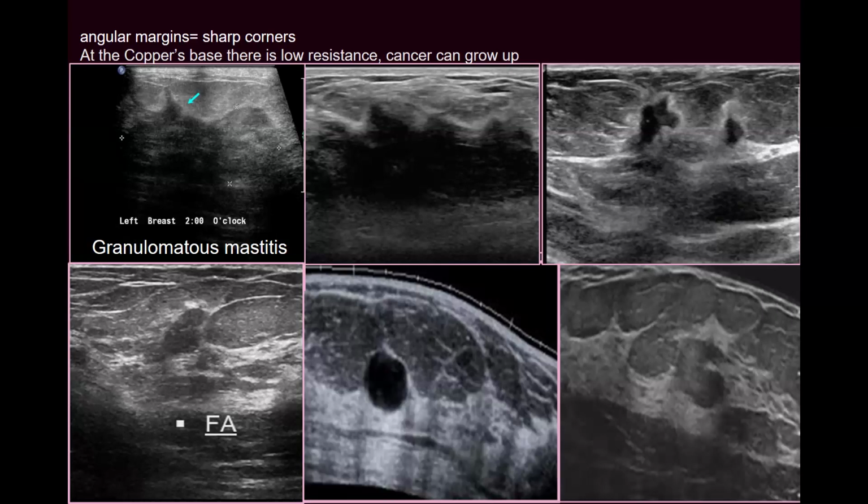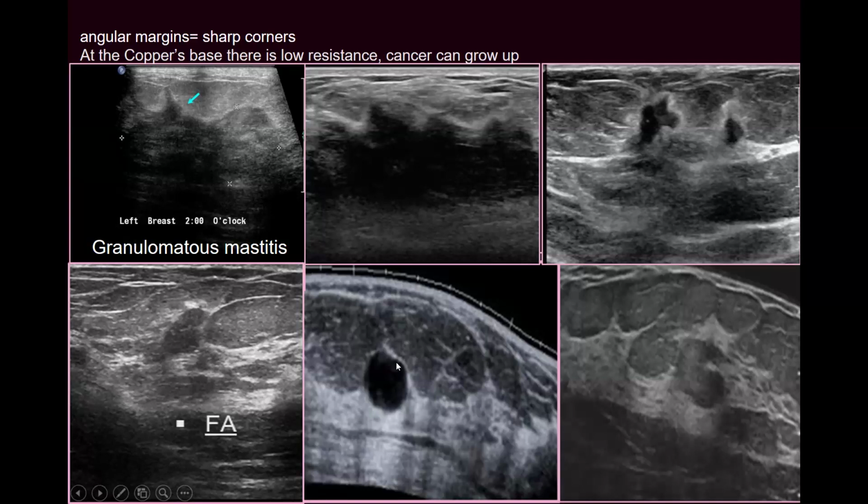And I found a granulomatous mastitis, also limited by the anterior mammary fascia, spreading here through the Cooper ligaments, simulating a breast cancer. Here you can see the Cooper base. This is a normal one, but if a lesion is spreading through it, definitely it will give an angular margin.